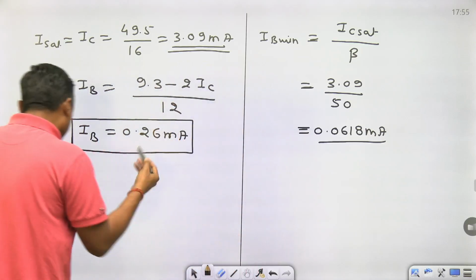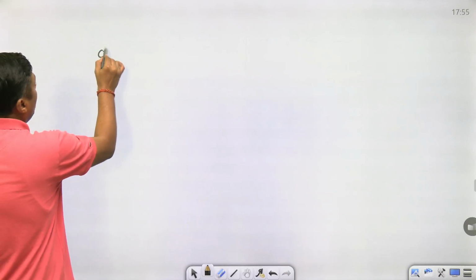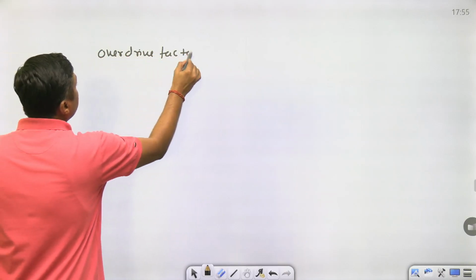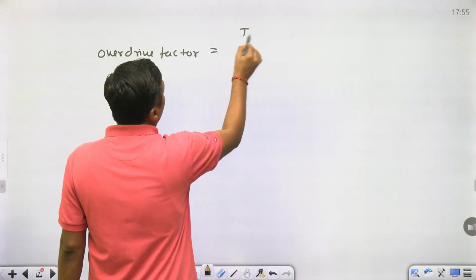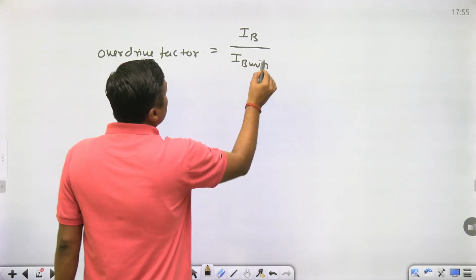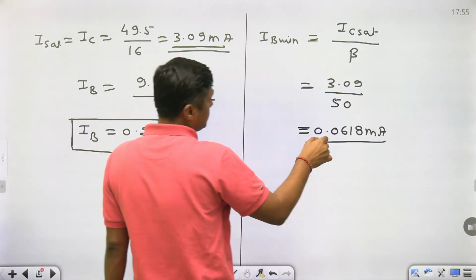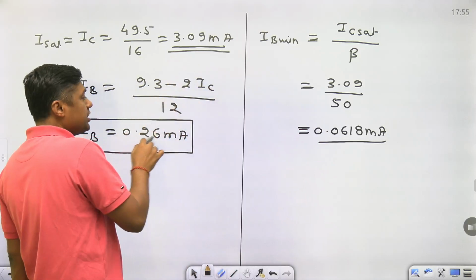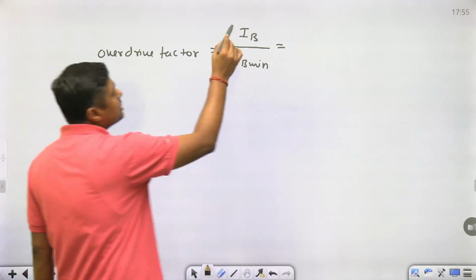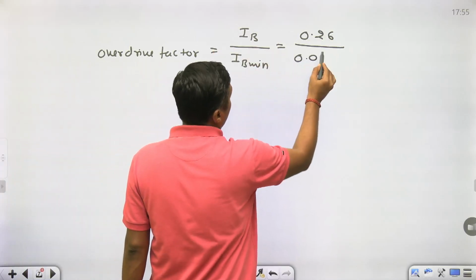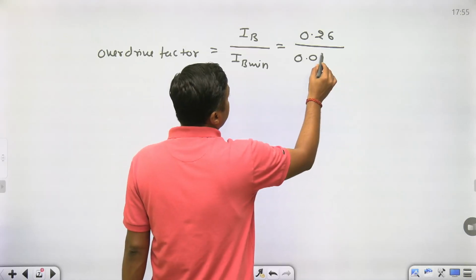What is the overdrive factor? So overdrive factor. Overdrive factor means what is the value of IB actual and what is the minimum value required. So IB is what is the value of IB? 0.26, and what is the required? 0.0618. 0.26 divided by 0.0618.